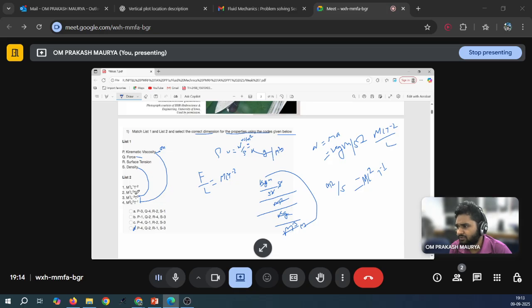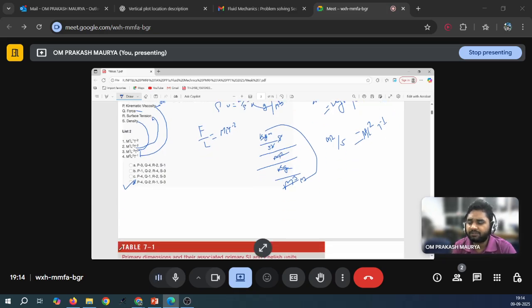This will match surface tension, that is option 2. So option D will be correct here. Hopefully you understand. If someone does not know, it is a very basic question; from class 11 you already know how to find the dimension of any physical quantity.